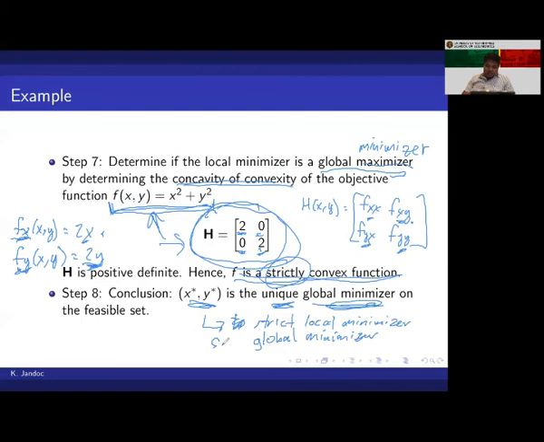Not strict, but unique. Okay, so why is that? Because we have a strictly convex objective function. Therefore, the global minimizer is unique, according to the theorem that we had a while ago.